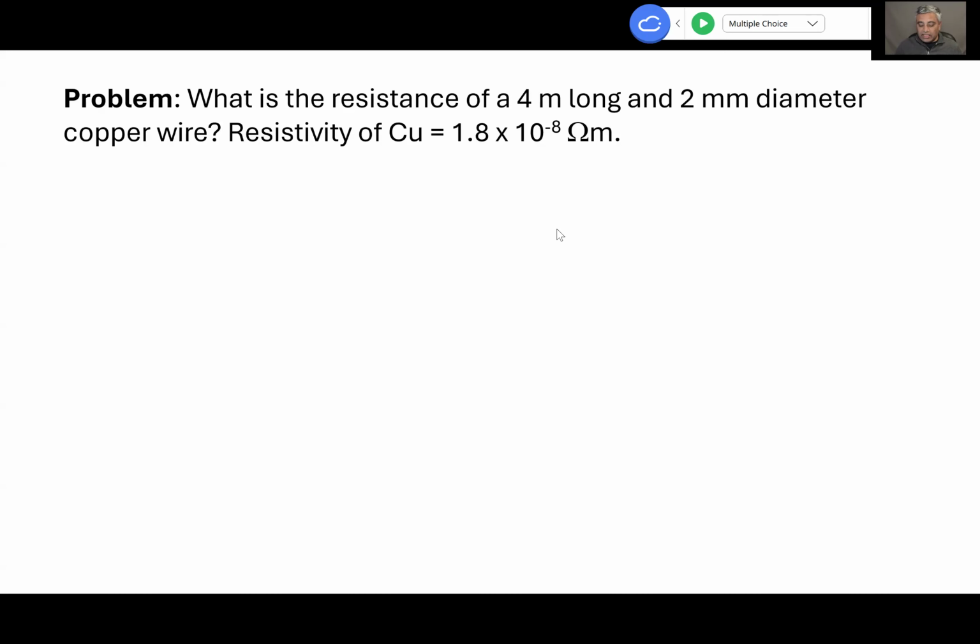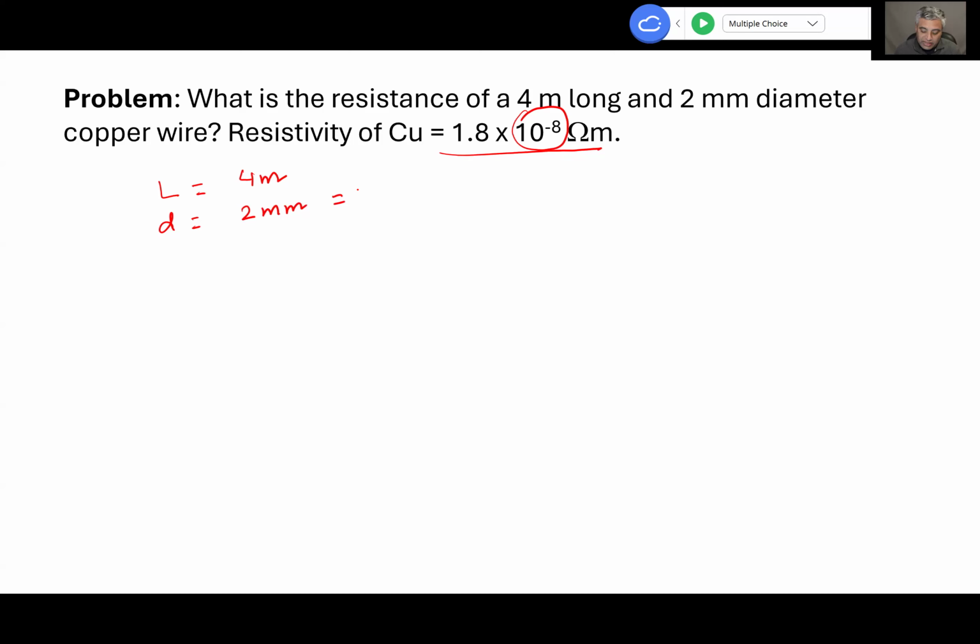So now over here, it is an example of calculation of the resistance. Resistivity is given, and see, this is 10 to the power negative 8, so it's a small number. In this case, length is given, 4 meter, and diameter is given, 2 millimeter.